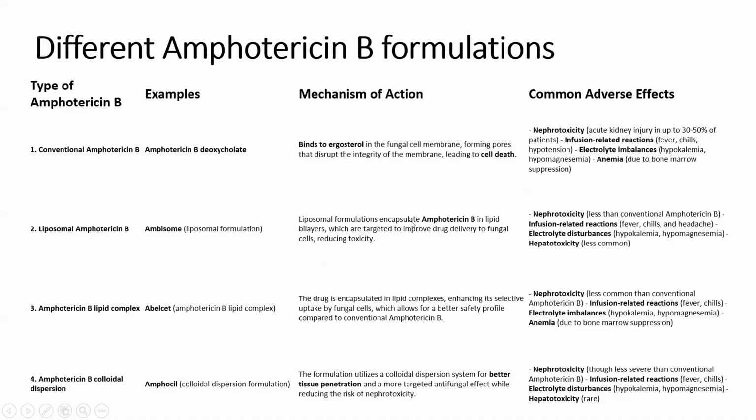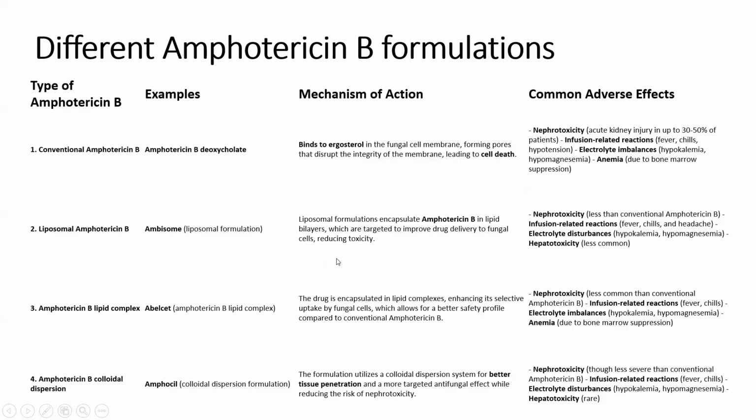The liposomal form is also encapsulated in a lipid bilayer, which improves drug delivery to fungal cells and reduces toxicity, because the conventional form is highly nephrotoxic. It can also cause infusion-related reactions, electrolyte imbalance, and anemia, but with the liposomal form nephrotoxicity is less compared to the conventional form. Infusion-related reactions, electrolyte imbalance, and hepatotoxicity are more or less the same.